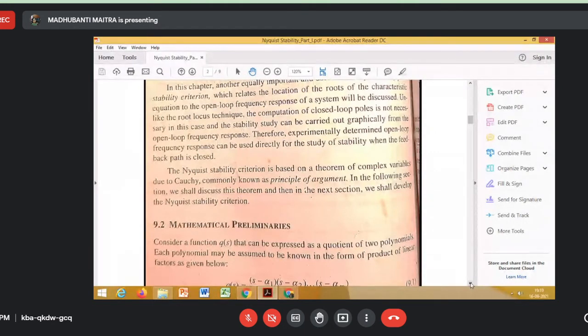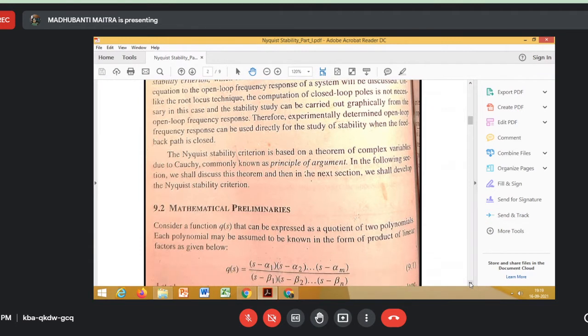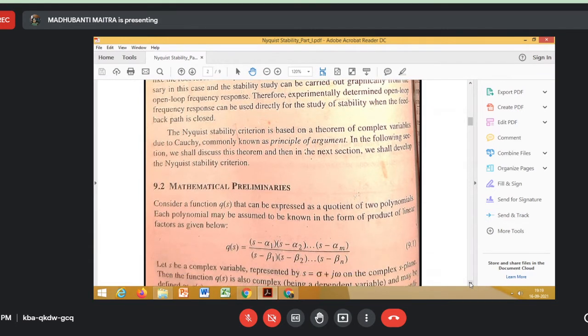So you know that very easily we can obtain the open loop frequency response for a given linear time invariant system. It's very simple to obtain open loop frequency response, and if the open loop frequency response is known, then we can find out the stability of the closed loop system.